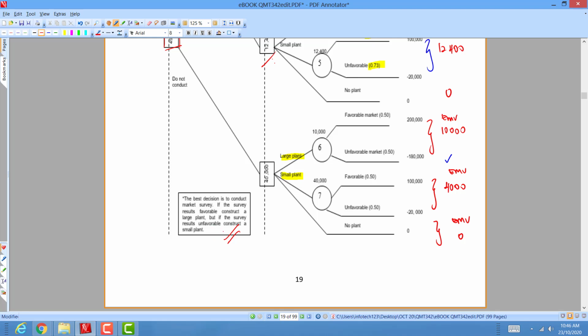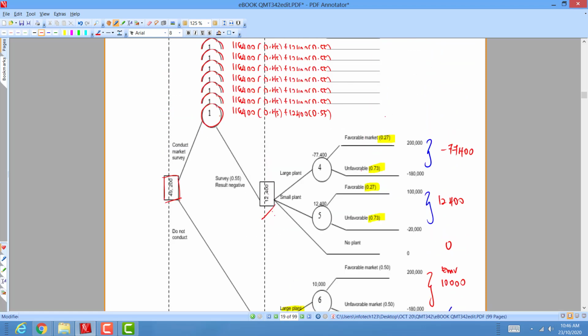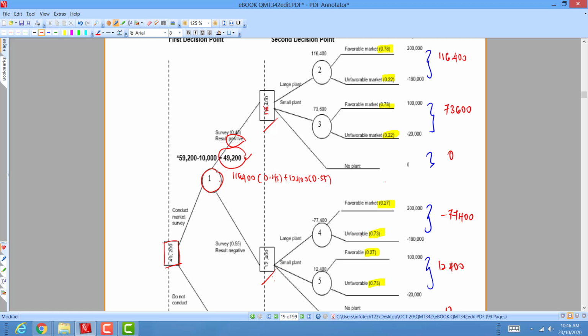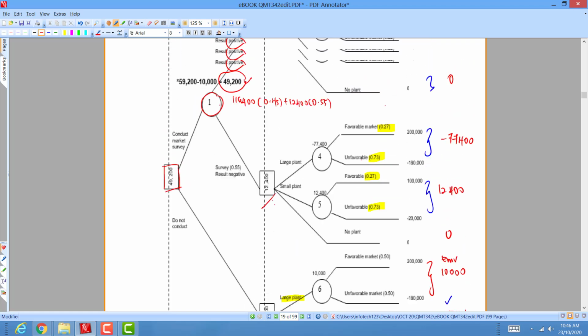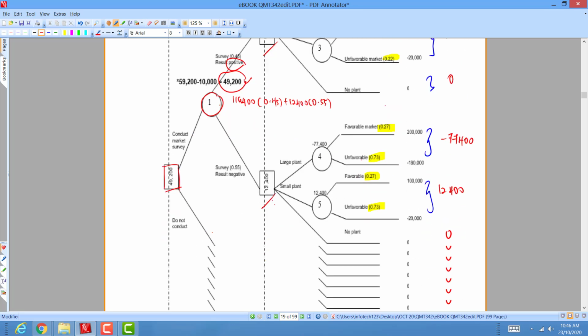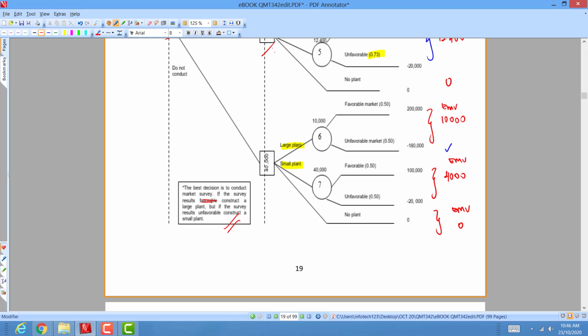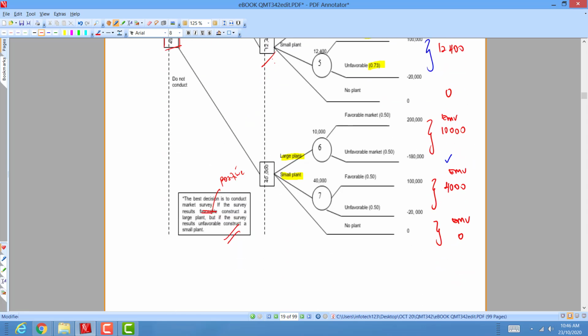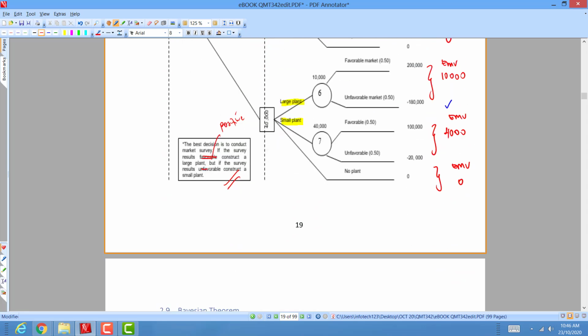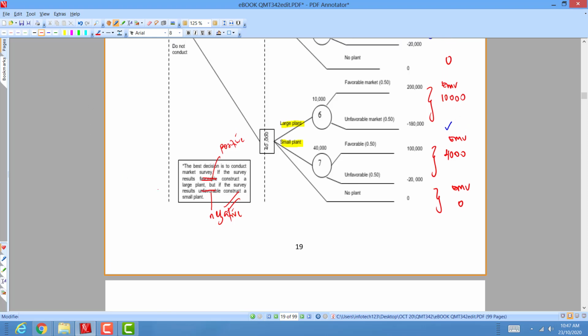But if the survey is negative, we construct a small plant. Sorry, I need to correct that: the branch here is positive, so if the result is positive we construct a large plant, but if the survey is negative, we choose a small plant. So the best decision is conducting a market survey.